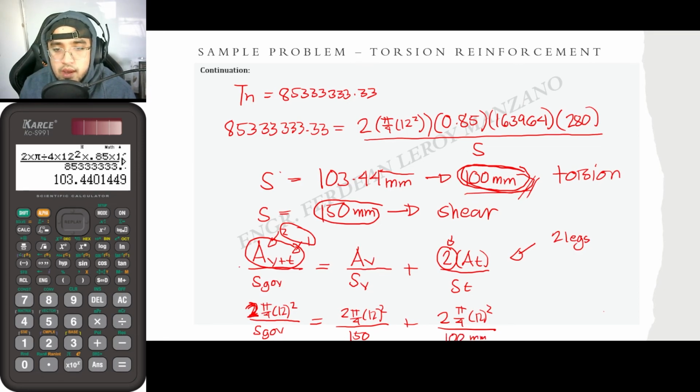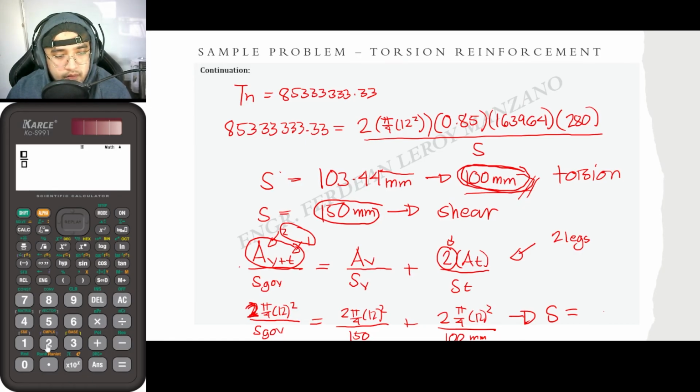So I will now be making use of shift solve for my solution here. Looking at the calculator to your left: 2 times pi over 4 times 12 squared divided by alpha x.